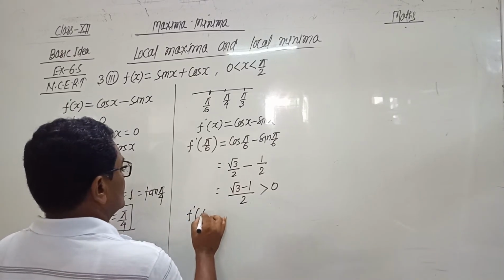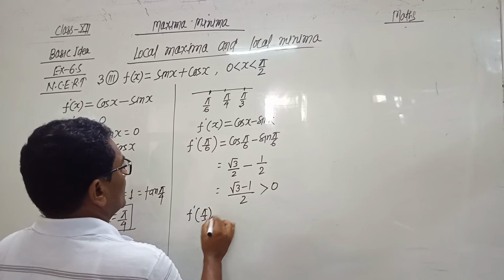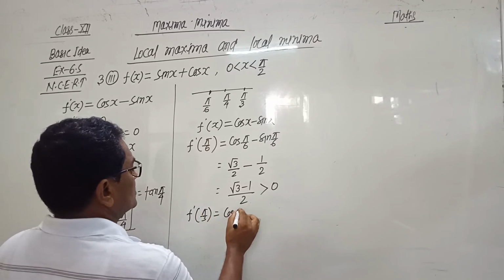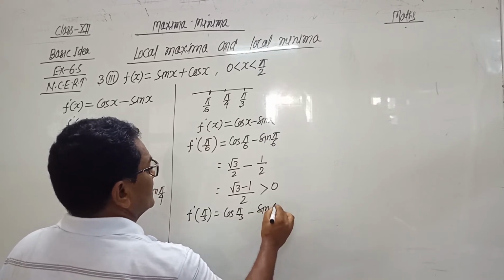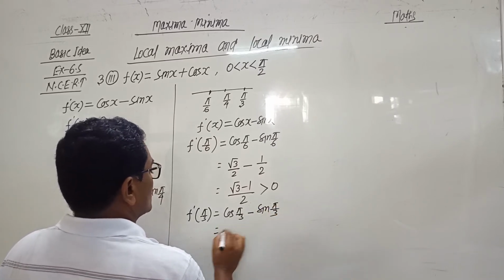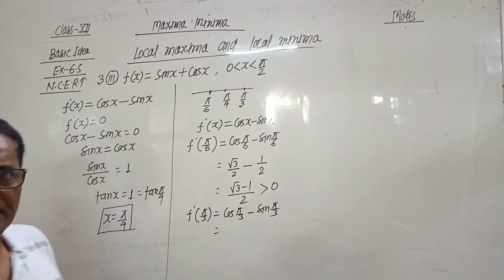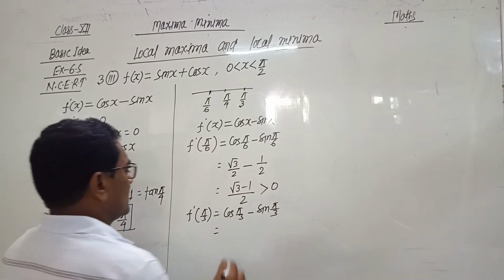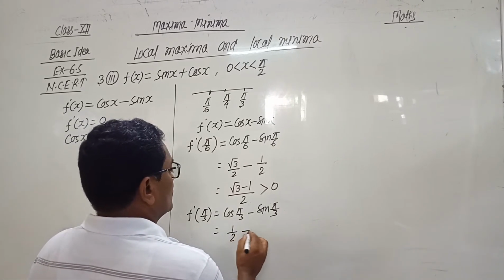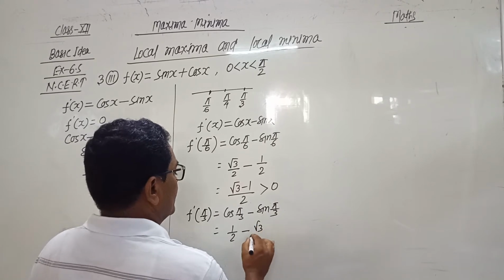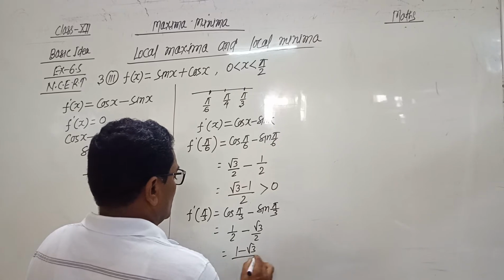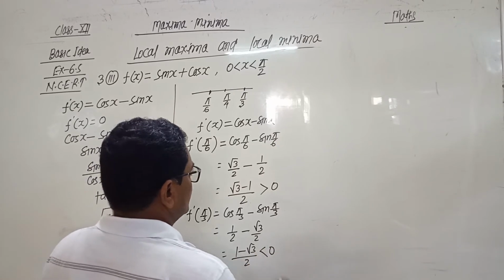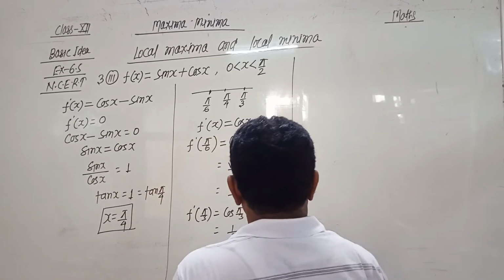So f dash pi by 3 equals cos pi by 3 minus sin pi by 3. Cos pi by 3 means cos 60 degrees, which is 1 by 2, and sin 60 degrees is root 3 by 2. So it comes 1 minus root 3 by 2, which is less than 0.